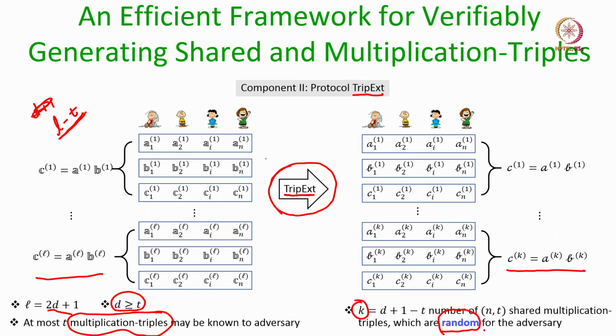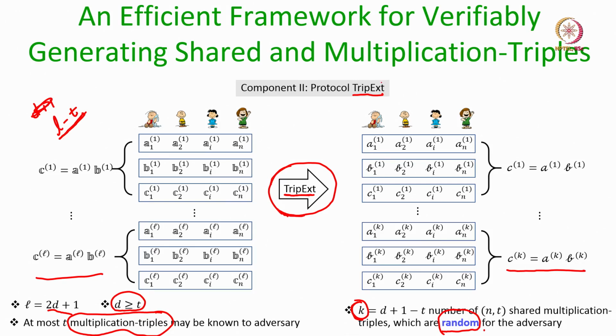For instance, I cannot simply take the first k input triplets as my output triplets, because it could be the case that among the first k input multiplication triplets, some of them are known to the adversary because the adversary knows t of them. So, without even knowing which t input multiplication triplets are known to the adversary, the goal of this triple extraction protocol is to extract out k number of multiplication triplets which are definitely random for the adversary.